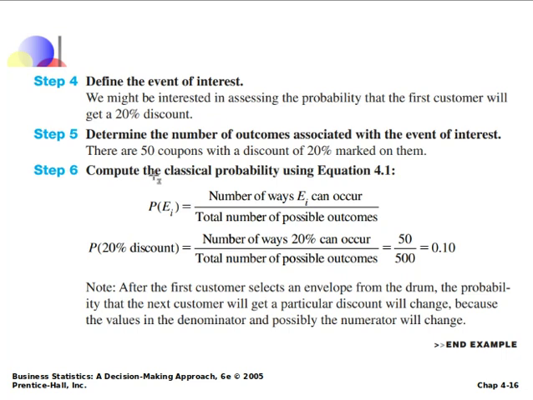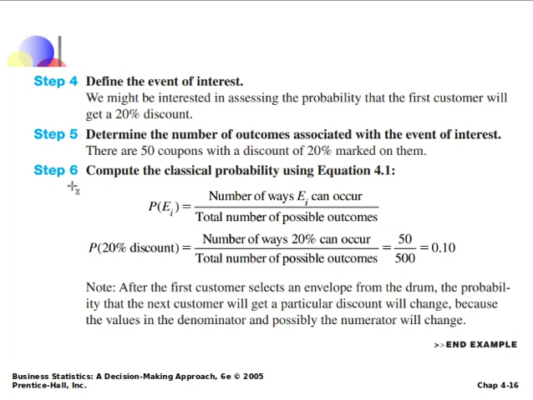So we want to know the probability that the first customer will get 20%. What's the probability? Step 5. Determine the number of outcomes associated with the event of interest. The event of interest is a 20% discount. There are 50 coupons with a discount of 20% marked on them. 50, and that's out of 500.